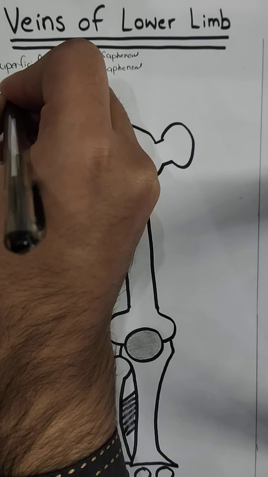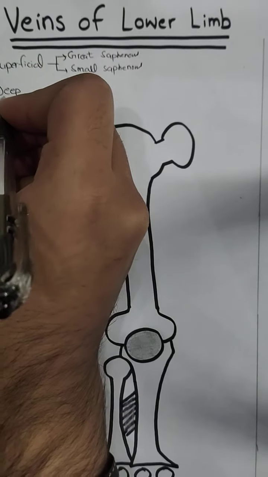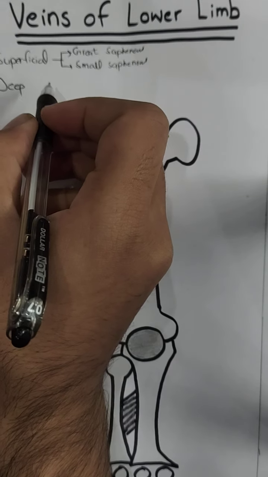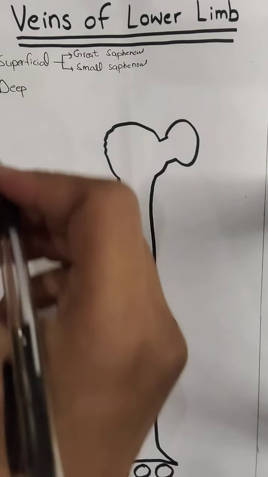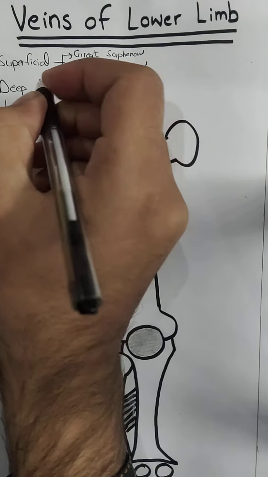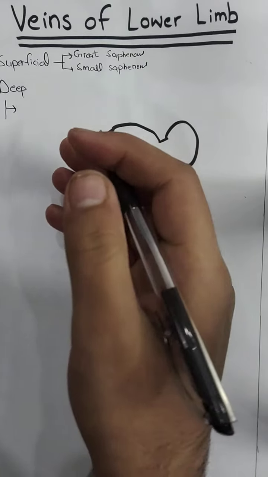And there are also the deep veins, and these deep veins will accompany the arteries of the lower limb, and they will also be named according to those arteries.